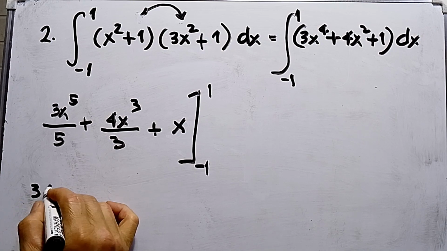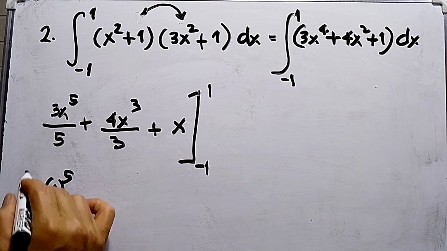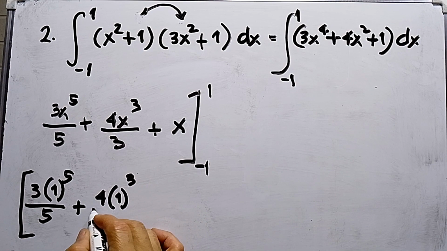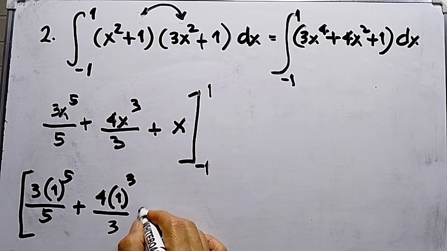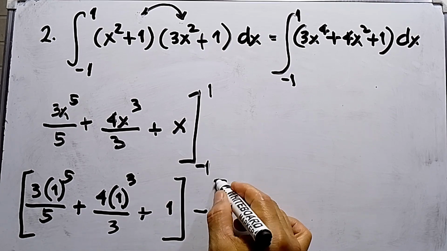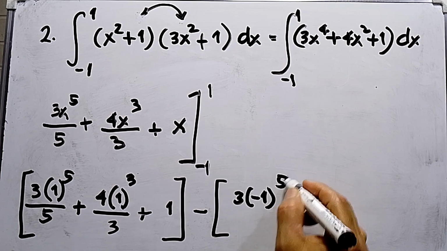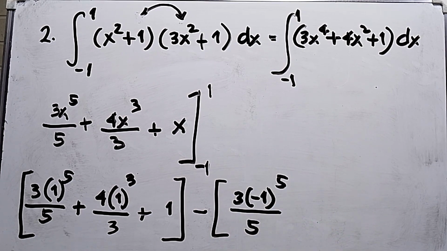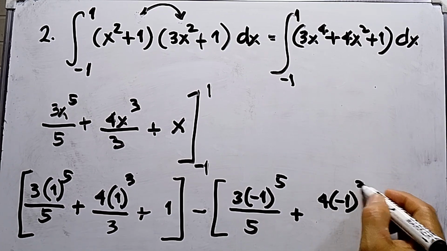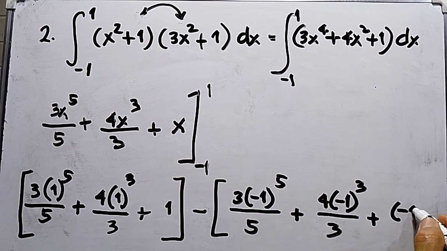So this will be 3 times positive 1 to the 5th over 5 then plus 4 times 1 raised to the 3rd power over 3 plus 1, close. Then for negative, this will be 3 times negative 1 to the 5th over 5 then plus 4 times negative 1 to the 3rd power over 3 then plus negative 1.